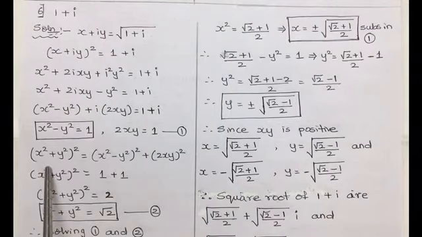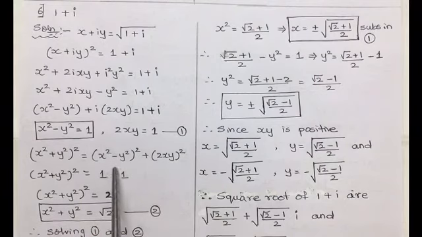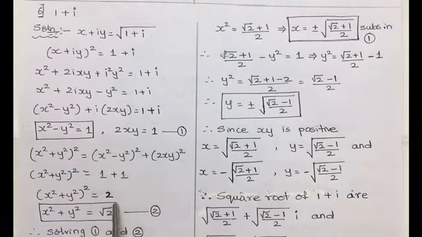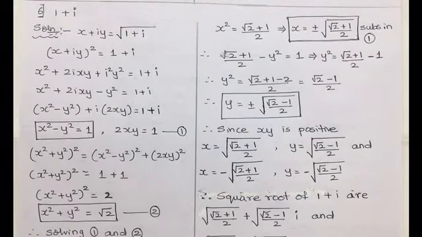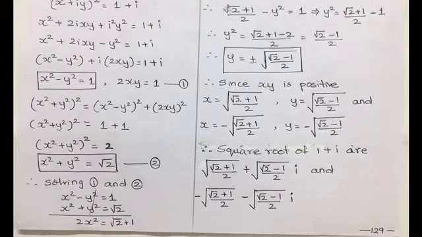Now for getting the value of x square plus y square, this is the formula that we use. Putting the value of x square minus y square and 2xy at their places, we get x square plus y square whole square is equal to 2 and x square plus y square will be equal to root 2. So that will become equation number 2. Now solving the 1 and 2 equation by elimination, we get 2x square is equal to root 2 plus 1.